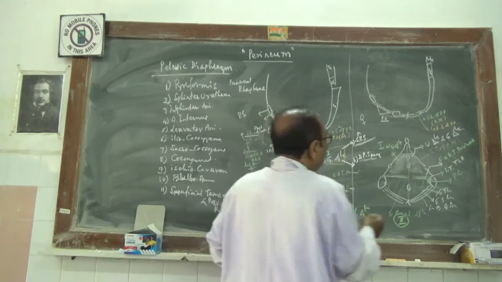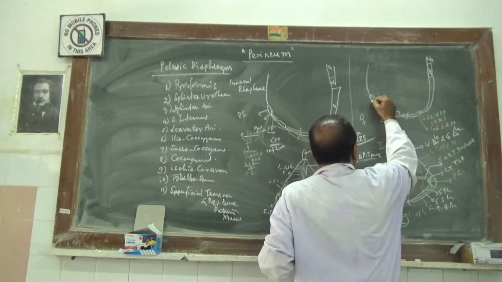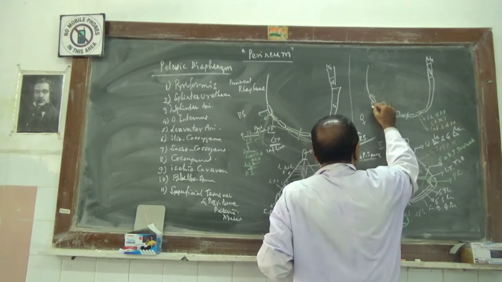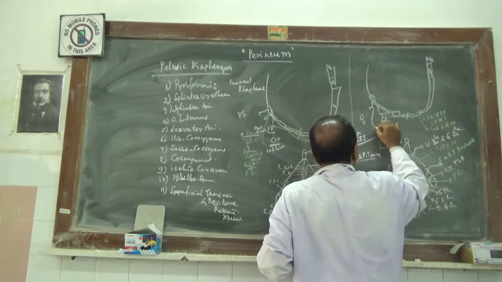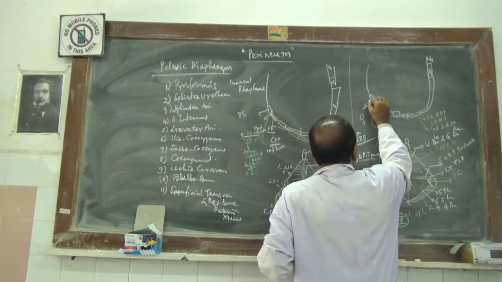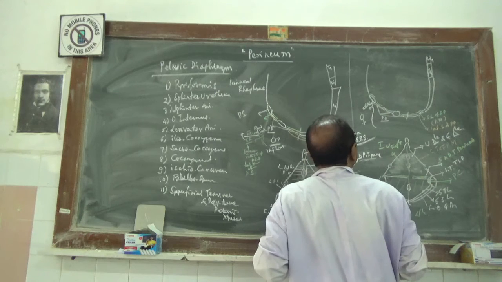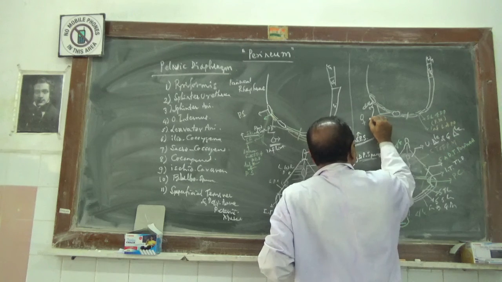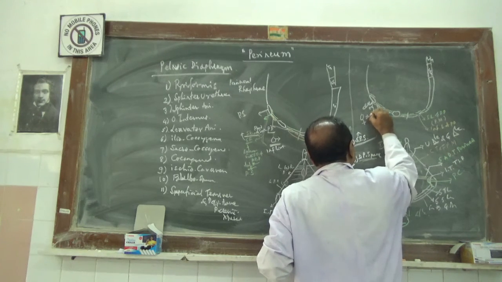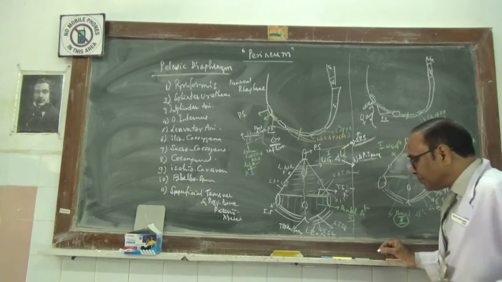But in the female, it is limited by the skin of the clitoris, or rather glans clitoridis, and the skin of the labia majora.